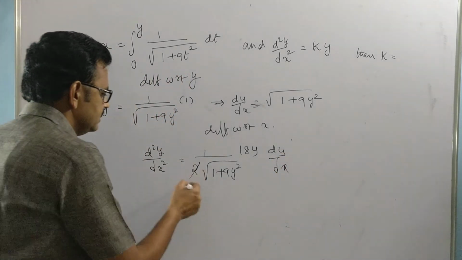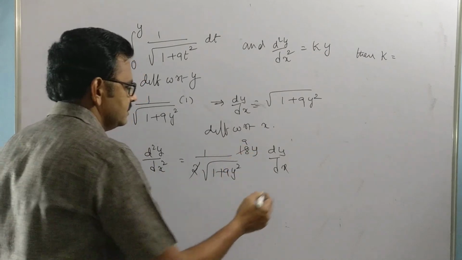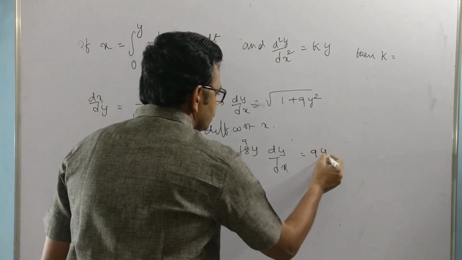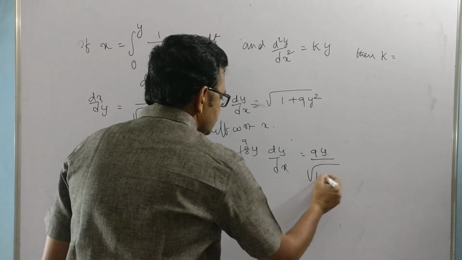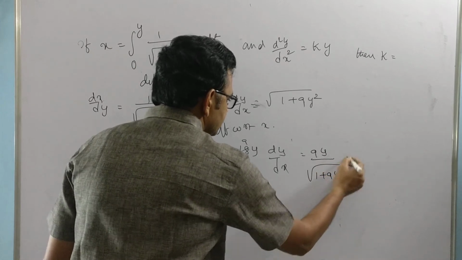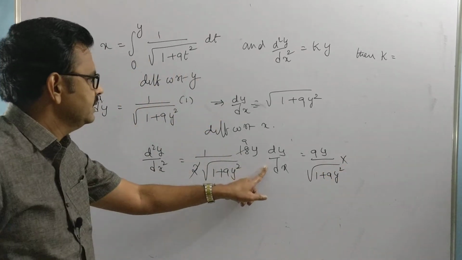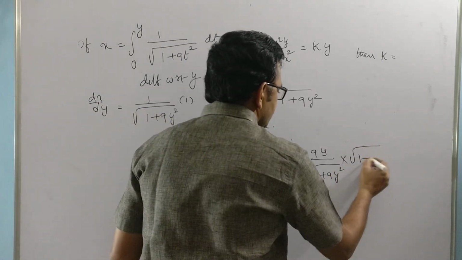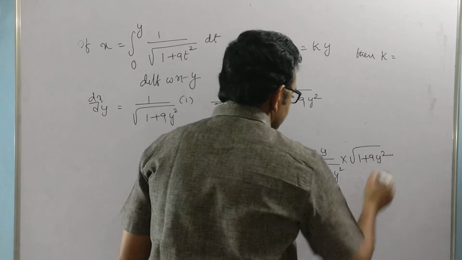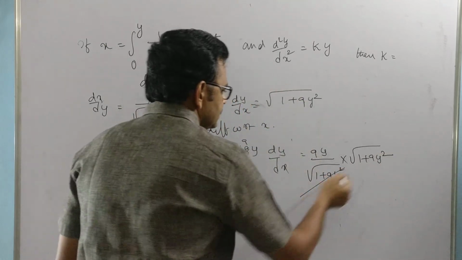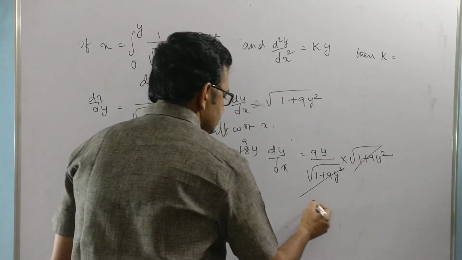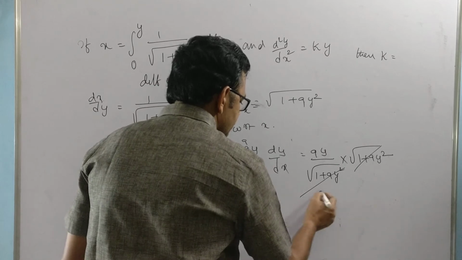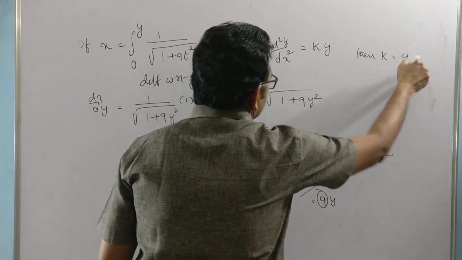Okay? So 9 times gets cancelled, that is equal to 9y by root of 1 plus 9y square into dy by dx, which is root of 1 plus 9y square. So these get cancelled, therefore that is equal to 9y, where k is equal to 9.